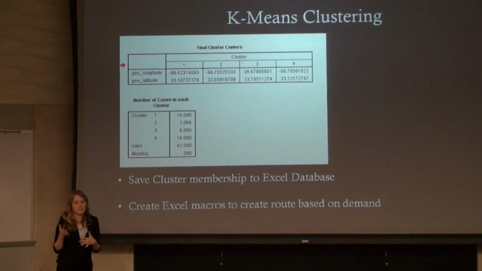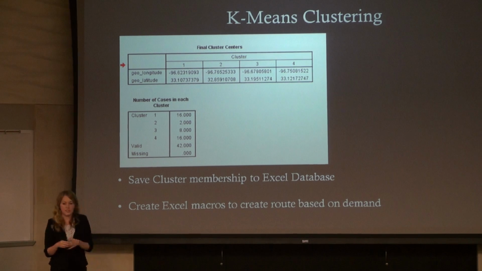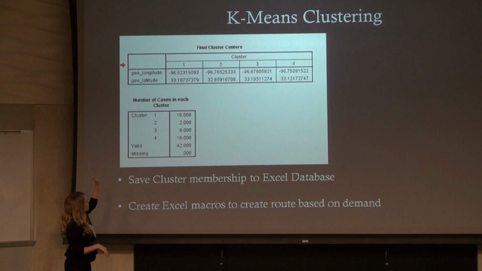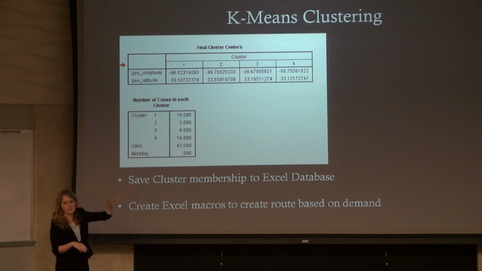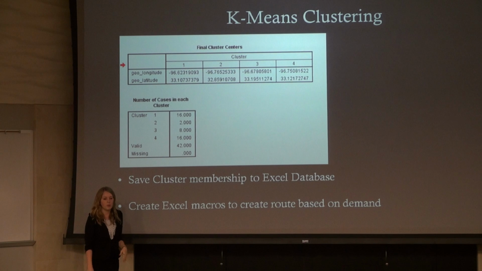We then put those 4 clusters in a K-means clustering system. What that does is it knows that there's supposed to be 4 clusters, so it finds 4 centroids in the distance plane. That's what you see up here with the longitude: those 4 different addresses that are the main centers of the clusters. This is just an example. We had over 600 addresses, but we took 42 of them to use as this sample.